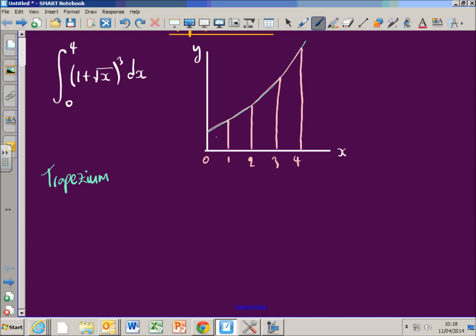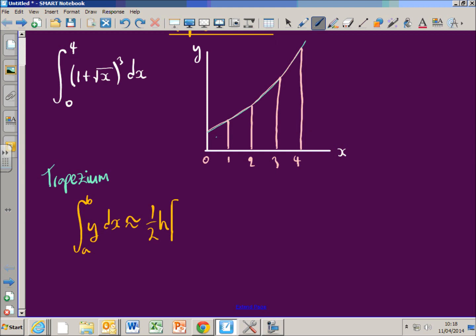Now, can you tell me what the formula is then? I think it's definitely in the formula book. If you want to integrate y between 2 values, where y is, in our case, (1 plus root x) to the power 3, it says that is approximately equal to, and that's the symbol there. Can you remember what the formula is? 1/2 h, yeah.